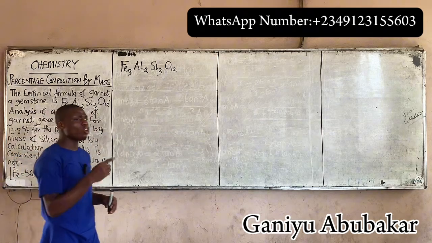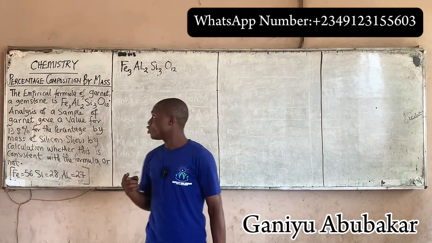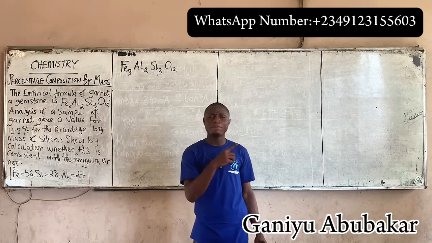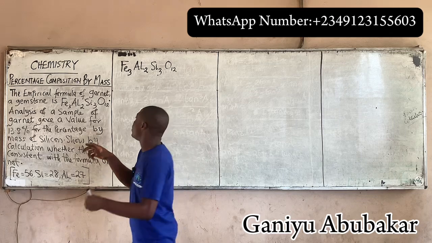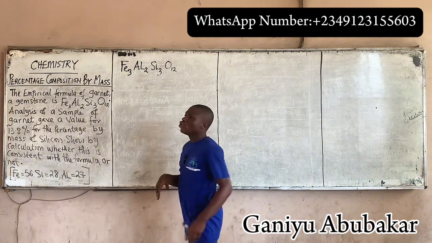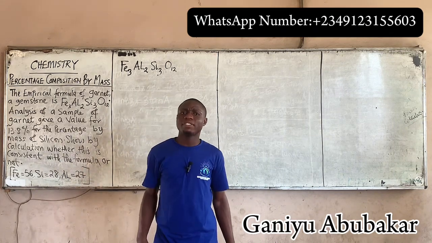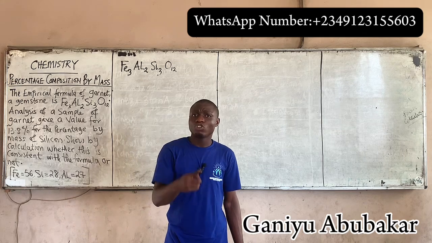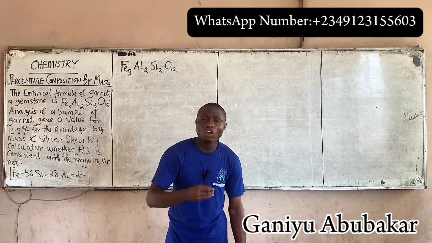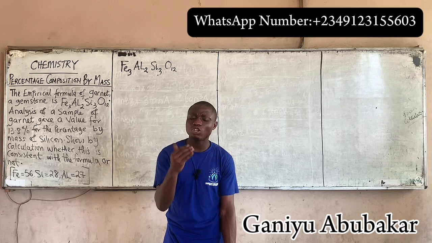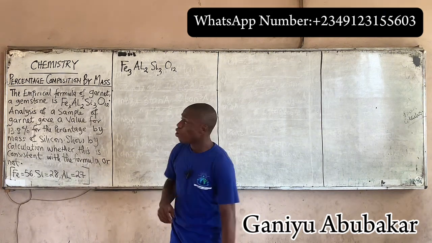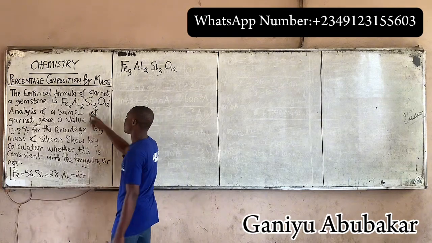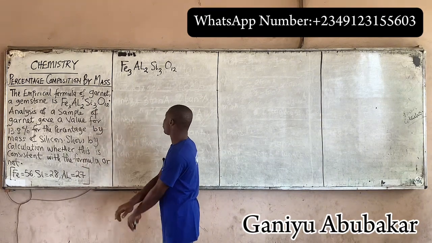When it comes to the concept of percentage composition by mass of an element in a compound, no matter how long the compound is, you'll be told to find just one element in that compound. The element we want to find here is silicon. What's silicon? That's Si. So I have Si as my silicon here.